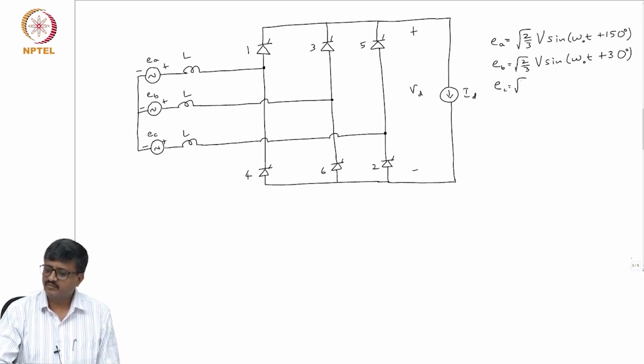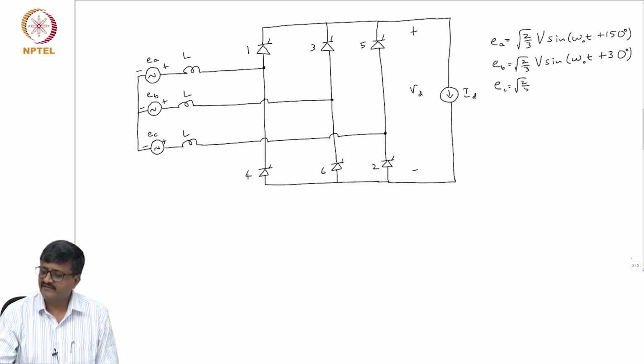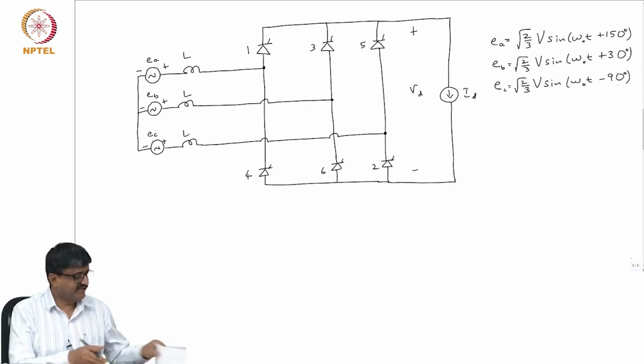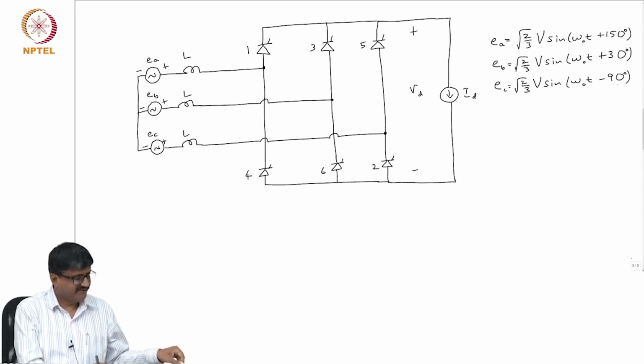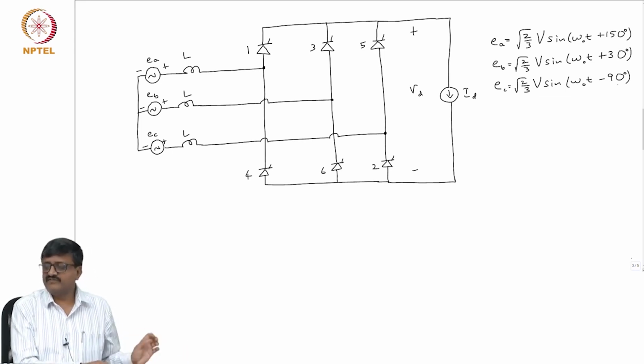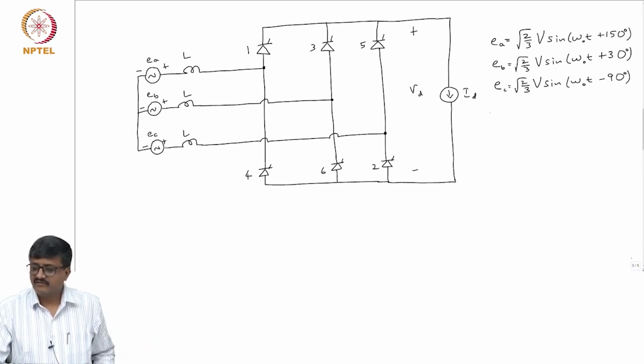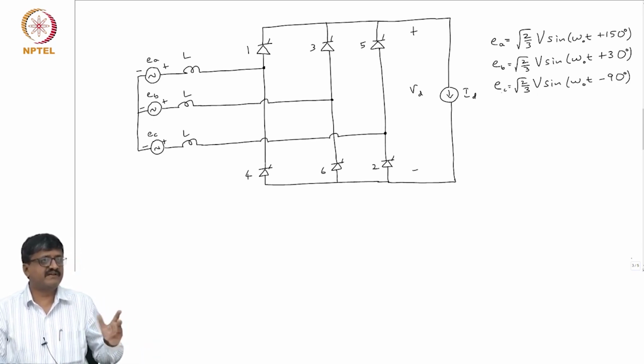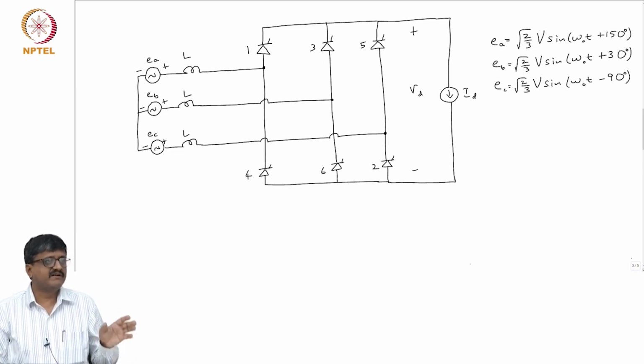EC is root 2 by 3 V sin omega OT minus 90 degrees. So, these are the expressions of the 3 voltages. Now, the negative of these 3 voltages and these 3 voltages themselves form 6 voltages which are equal in magnitude and displaced by 60 degrees.